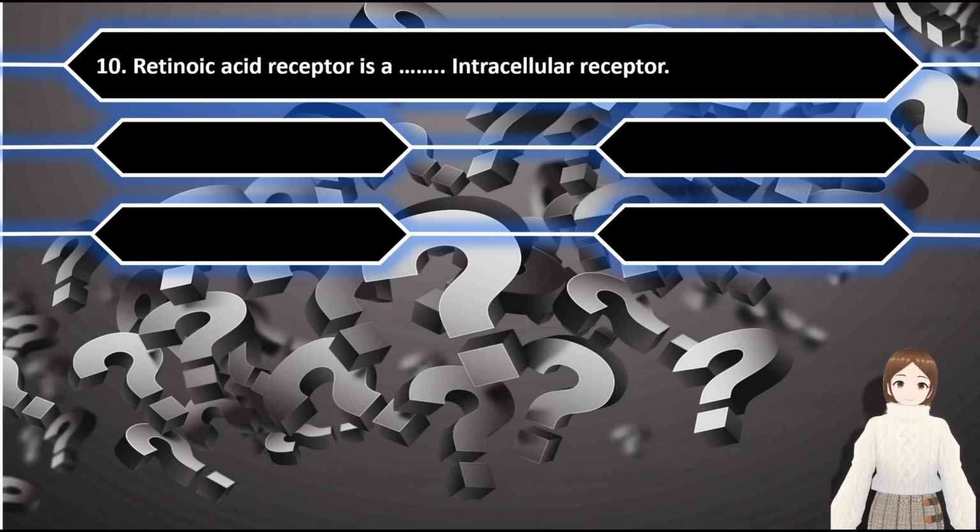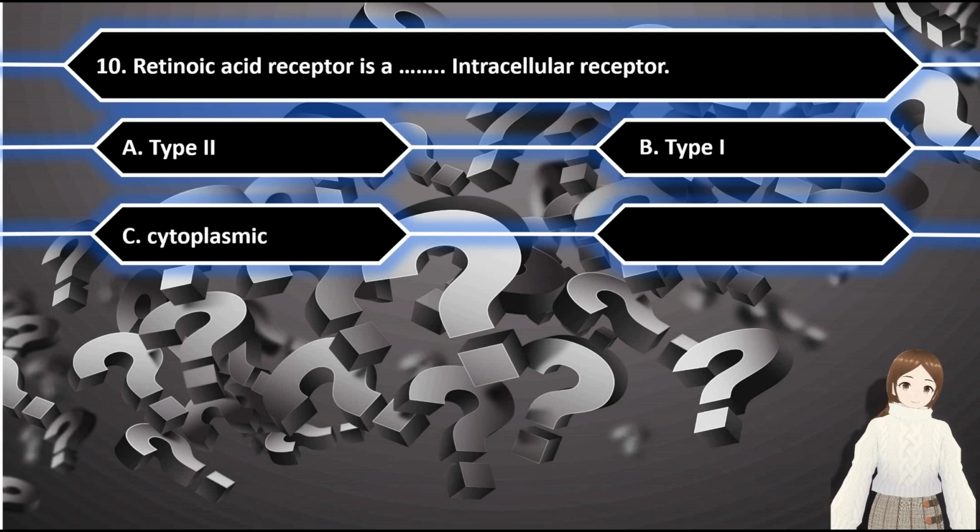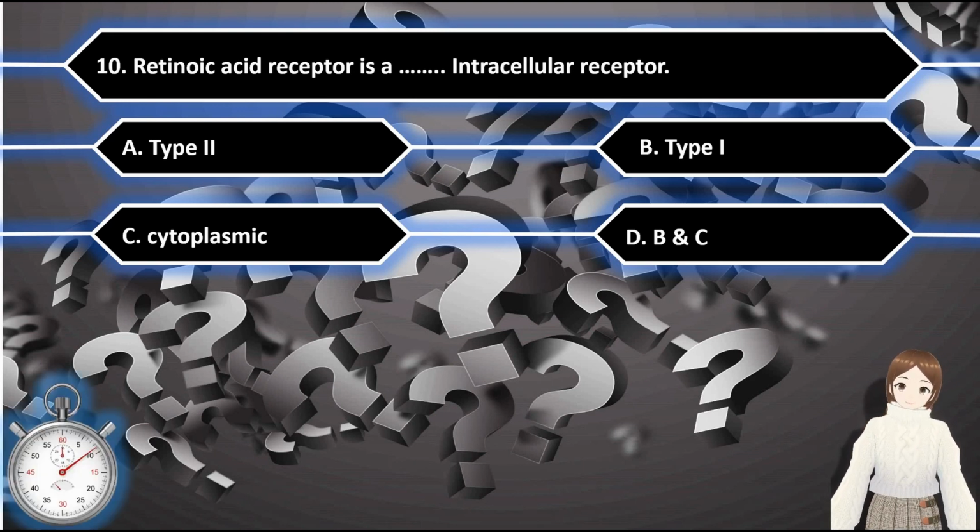Question number 10. Retinoic acid receptor is an intracellular receptor. A. Type 2, B. Type 1, C. Cytoplasmic, and D. B and C. You have 10 seconds time.